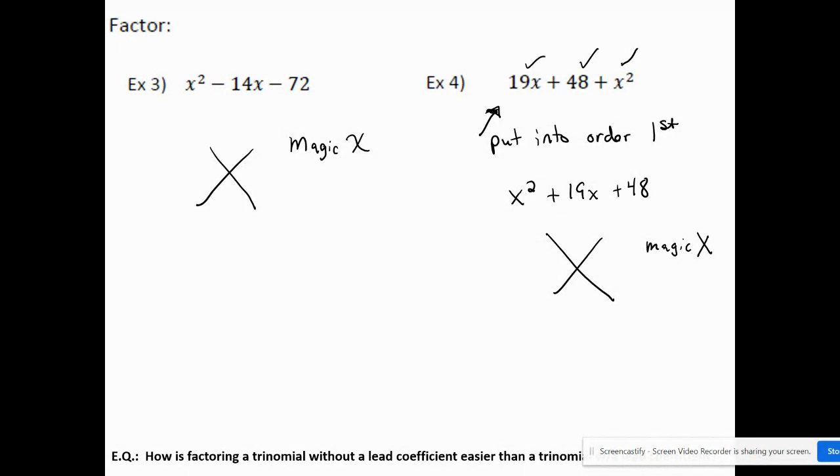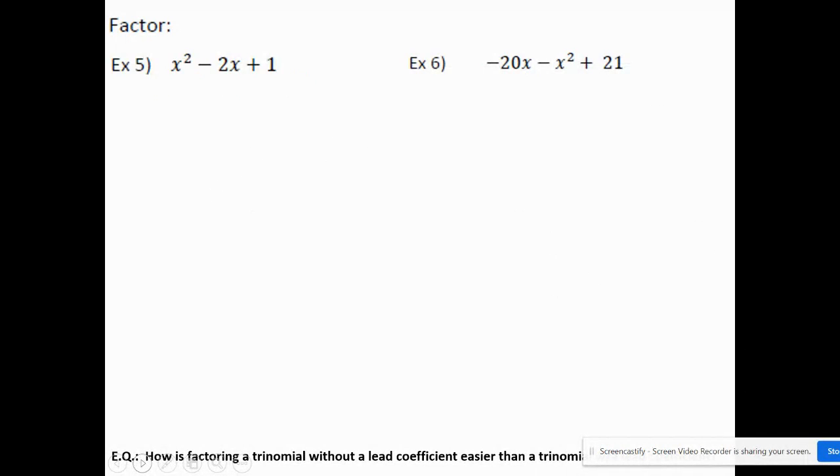So this is your work for today. There's a couple more, so make sure that you put number 4 into order first. You can hit pause if you need a minute. Let's take a look at the next two problems. So this one's all set, and this one needs to be put in order first.